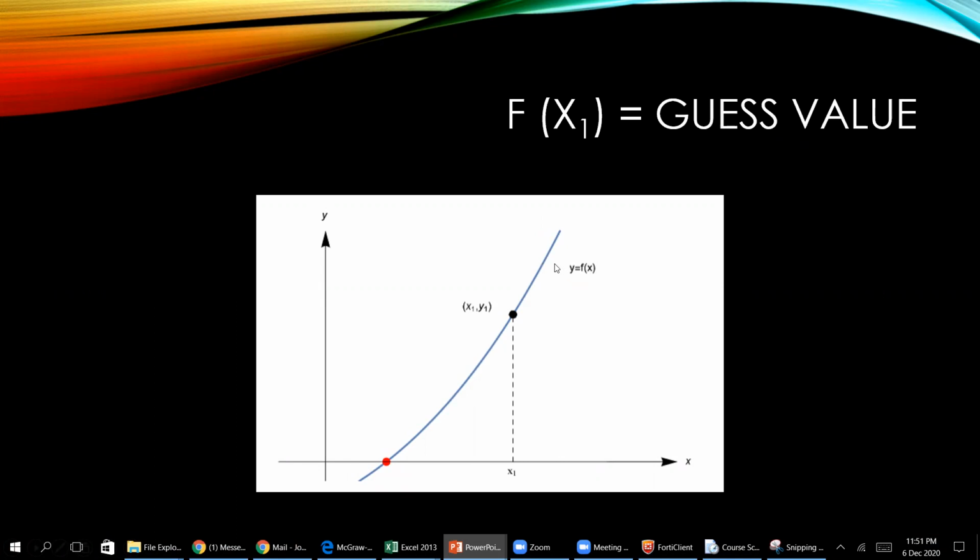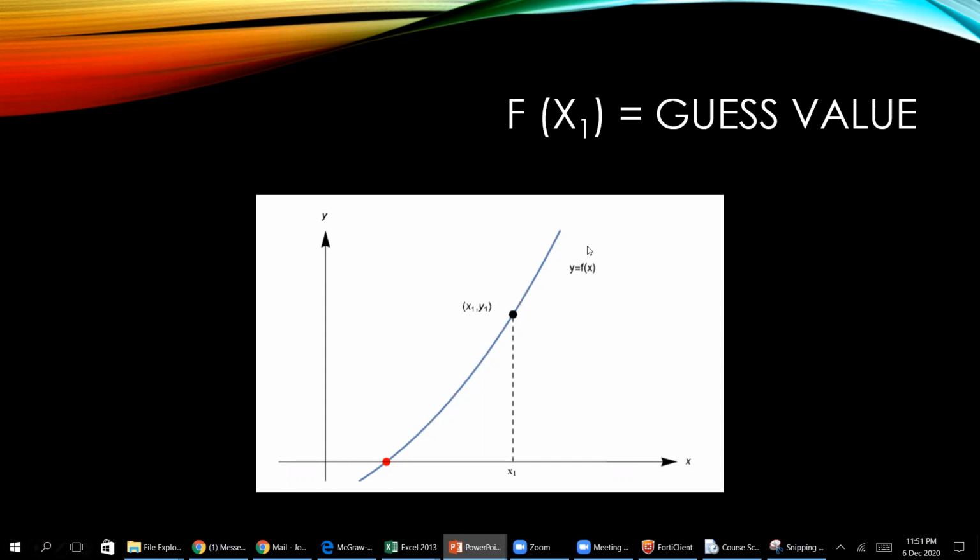If f at x sub 1 is equal to 0, we are very lucky and have a solution, so we already know the root of our equation. But most likely f at x sub 1 is not 0. So let f at x sub 1 equal y sub 1, as shown in this figure.